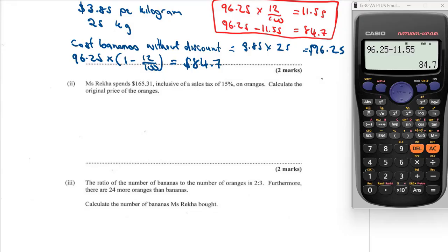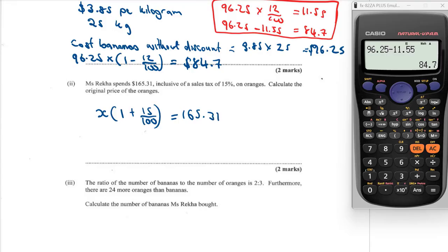So we're going to set up a simple equation here. So X represents the original price of the orange. X times bracket 1 plus 15 over 100, and that is equal to $165.31.